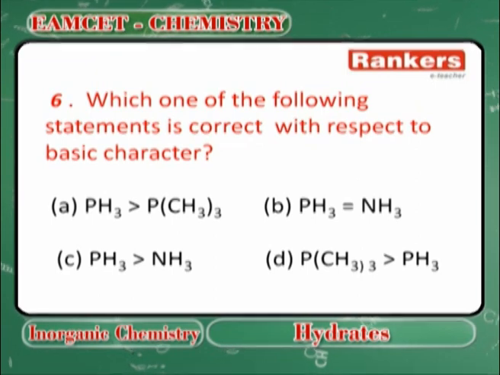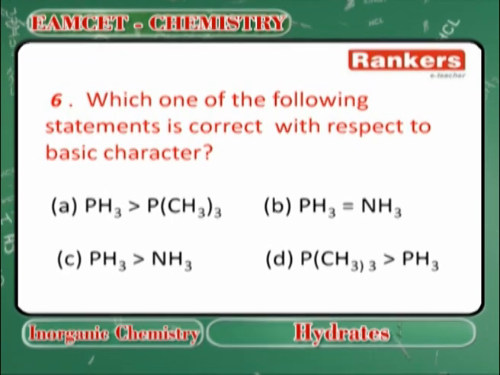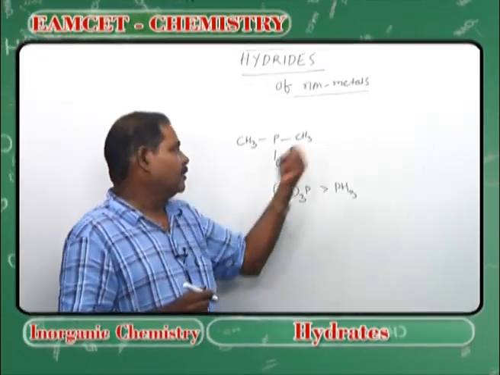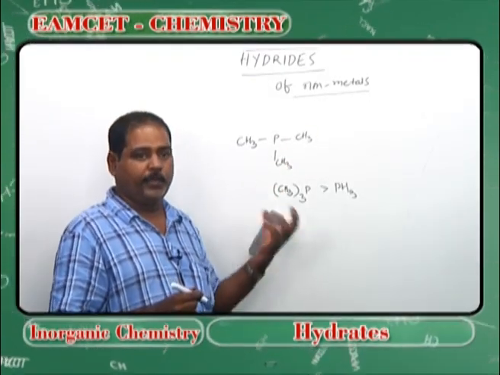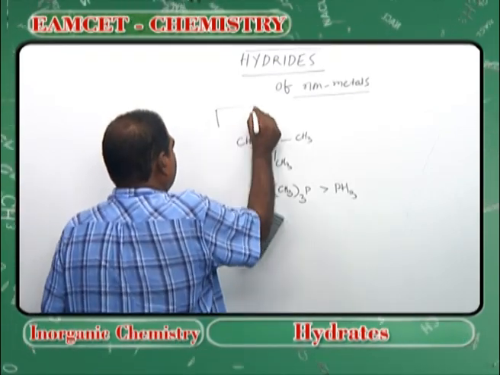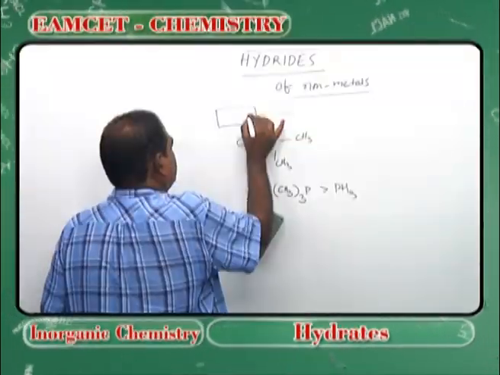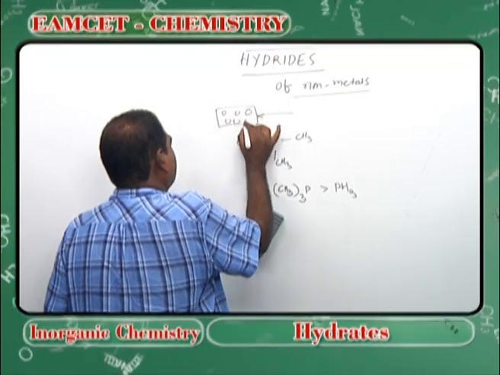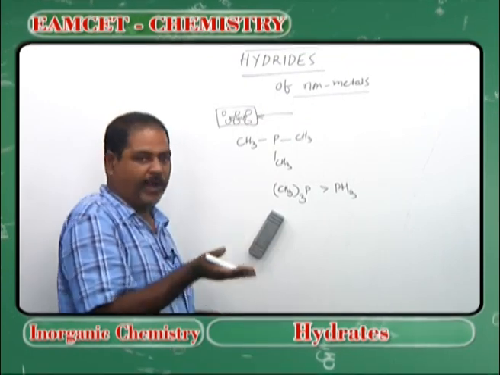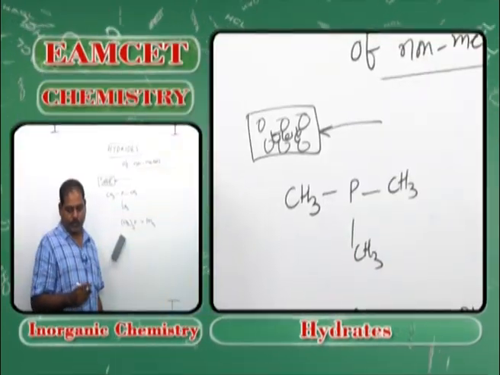When nitrogen is there, nitrogen being small, methyl groups, though they encourage, they hinder the incoming proton. The lone pair is not available for donation. There is a lot of food in a place, but there is no room for eaters. Next question, please.